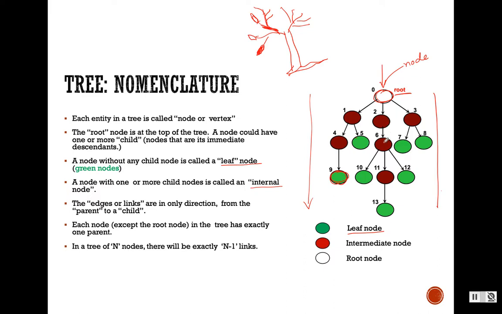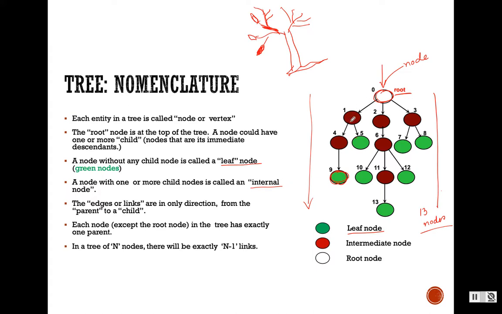Node 2 has 1 child, node 6. Node 6 has 3 children, 2 of them are leaves. Node 11 has 1 child that is a leaf, and node 3 has 2 children, both of them leaf nodes. This tree has a total of 13 nodes.